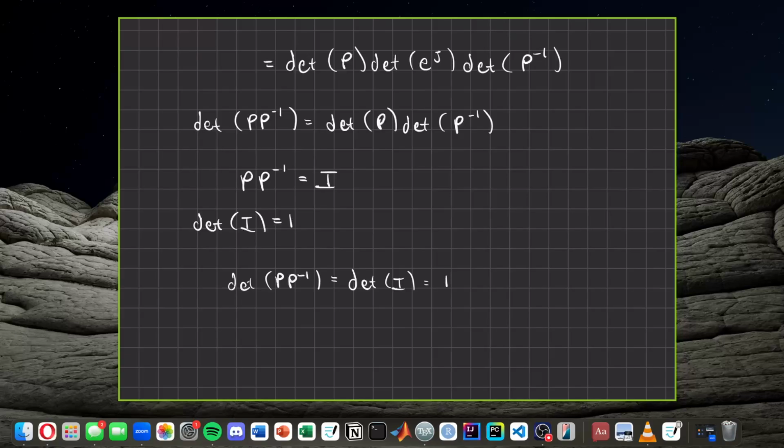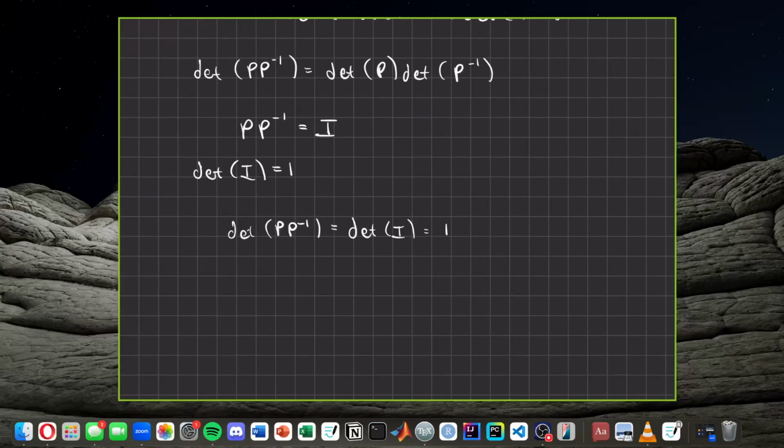And we can then conclude that the determinant of P inverse alone is equal to 1 over the determinant of P. It yields a scalar, so as long as we're in the determinant, we can do some basic algebra on these matrices and take the inverse.